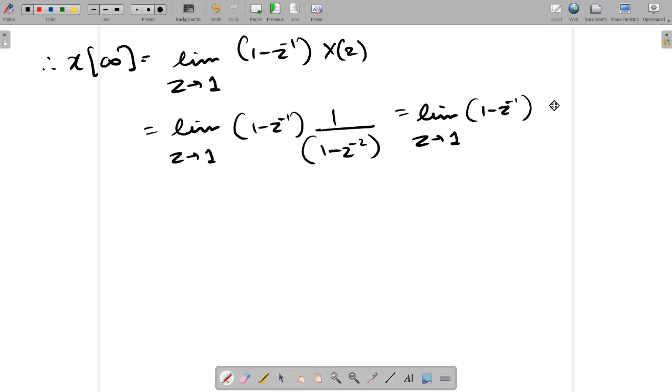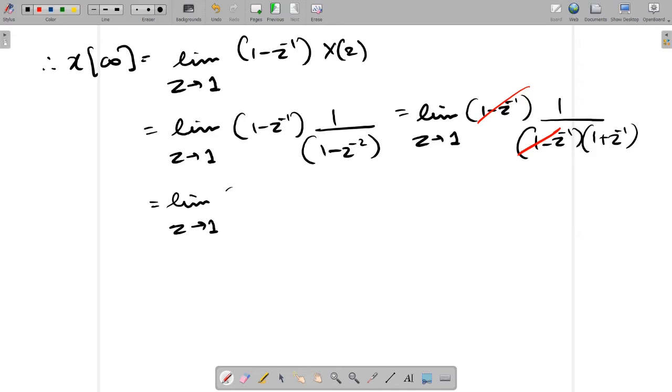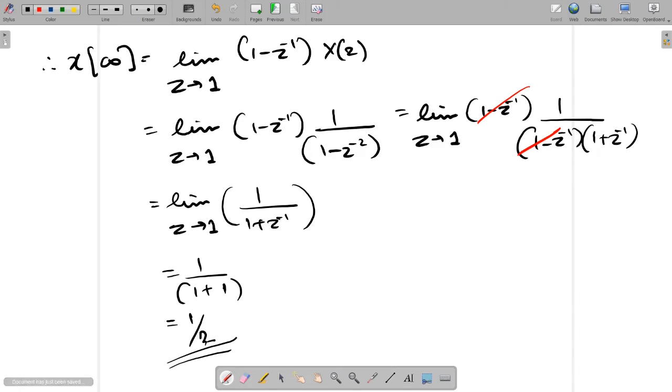I can write this as 1 minus z inverse into 1 plus z inverse, right? And so this will get cut. So what is the answer? It is equal to limit z tends to 1, 1 upon 1 plus z inverse. Okay, just replace z as 1, so we'll have 1 upon 1 plus 1. So this is 1 by 2. So x of infinity is equal to 1 by 2.